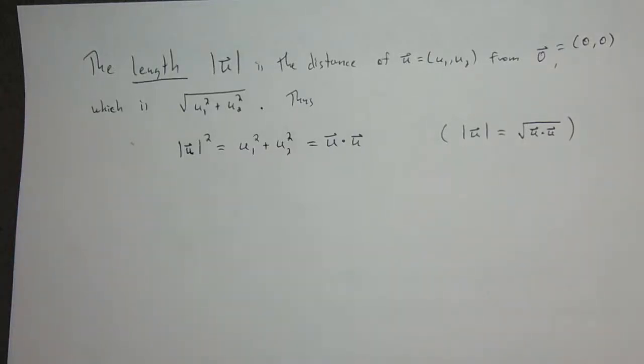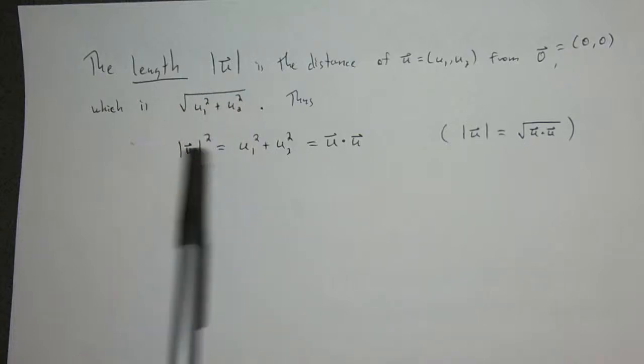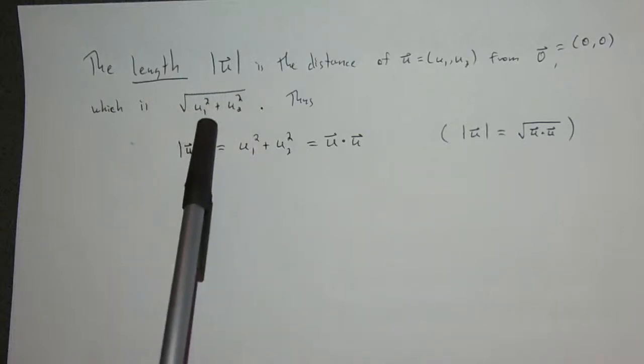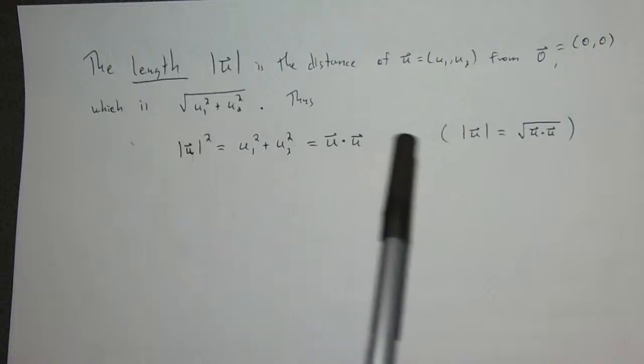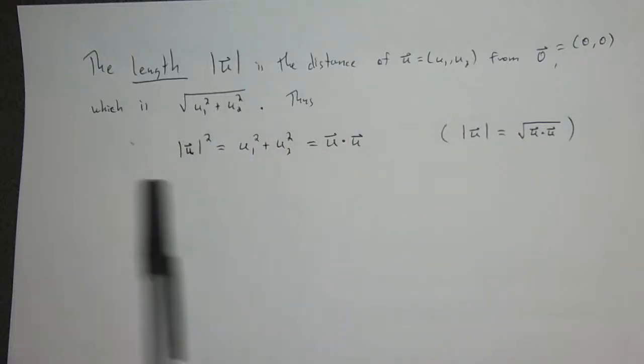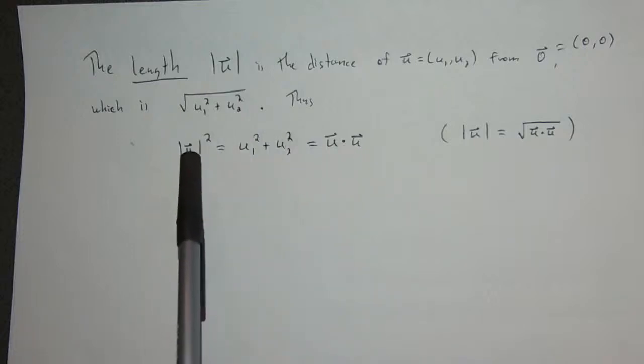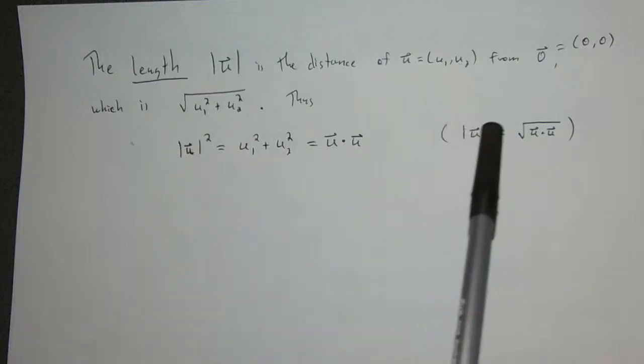This might seem like a backwards way of saying this, but the fact that this is the distance, or the thing that we think about as distance, is actually an artifact of this dot product. Again, it seems like a backwards way of thinking about it, but it's the dot product that gives us this distance. So the distance is a dot product.